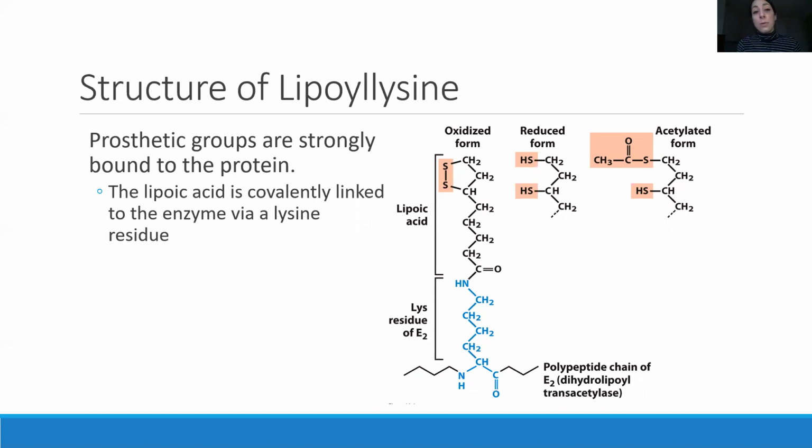Now, the lipolysine is made up of this lipoic acid portion, this ring here, which is the area that is going to be doing most of the chemistry. Here it is in its oxidized form. You can see it forms a disulfide, 2 sulfides bound together. These sulfides can be reduced.